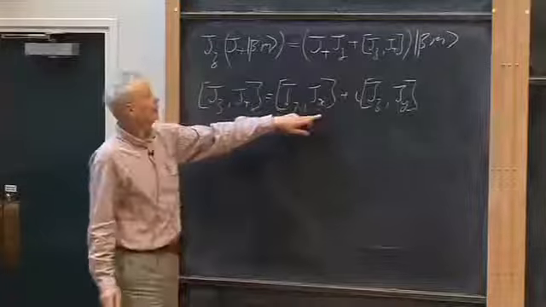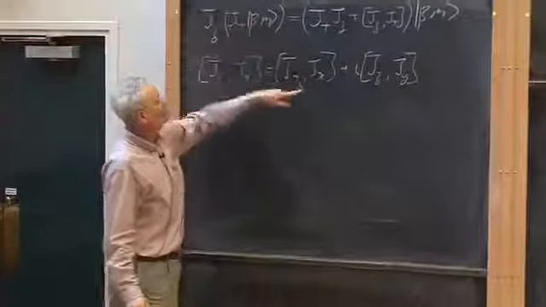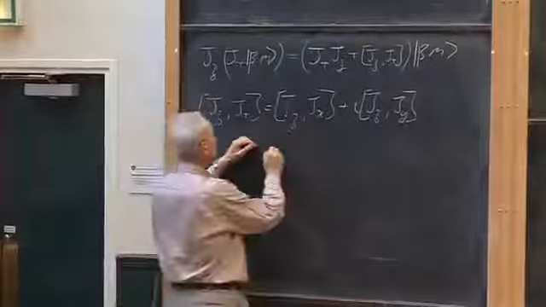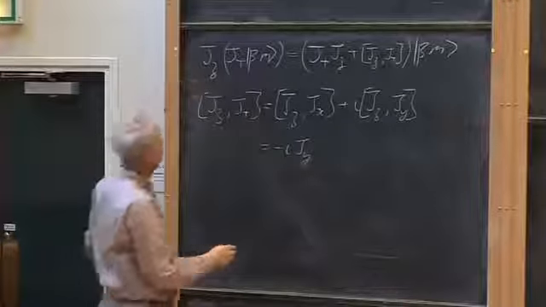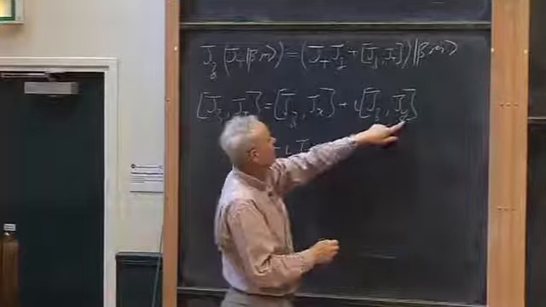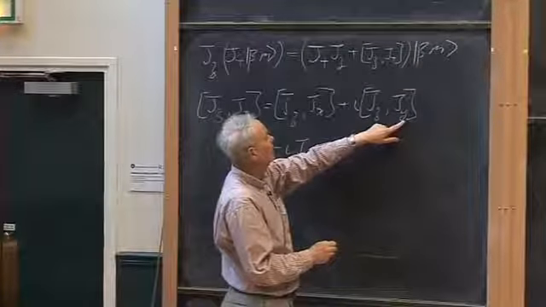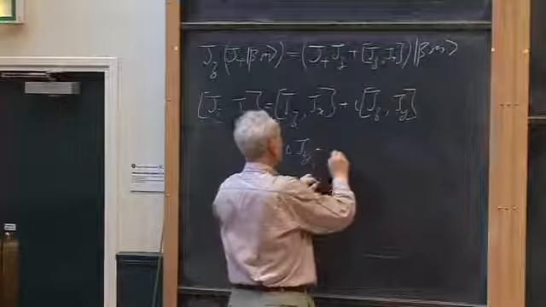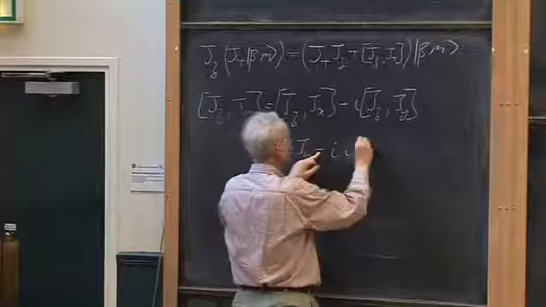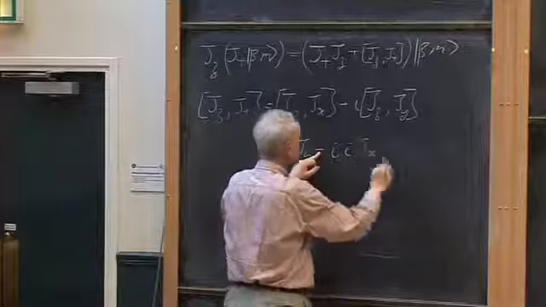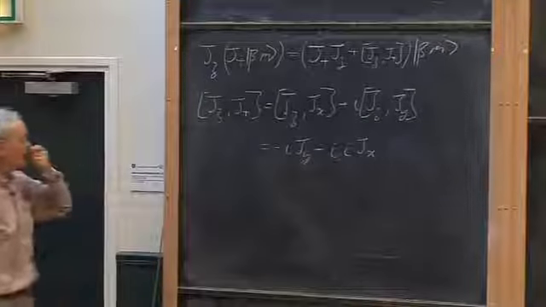This is minus I Jy, from the rule given way up there. And this is minus I, so this is going to be I, this I, minus coming up another I Jx, again from the rule above.